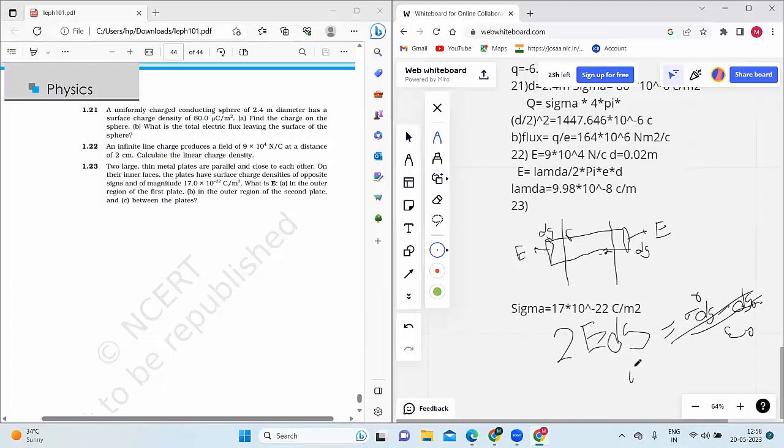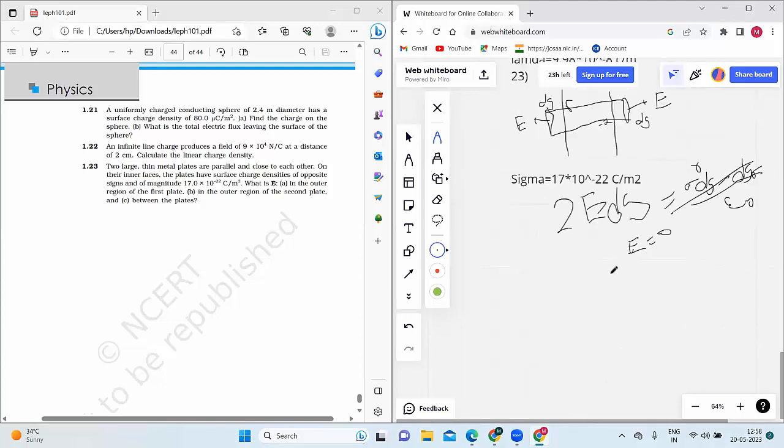So the electric field outside both the plates will become 0.